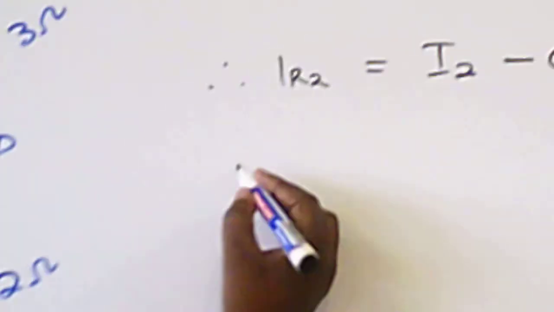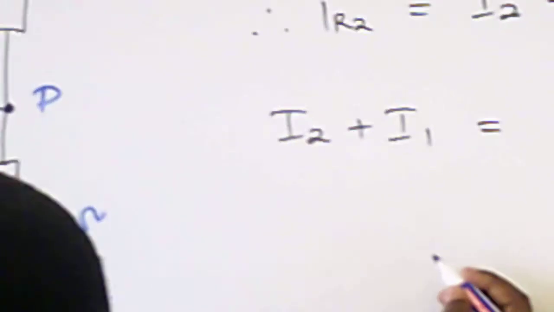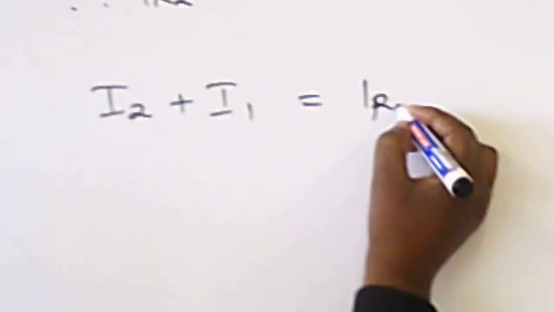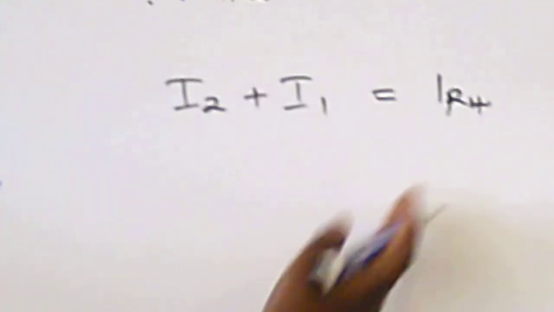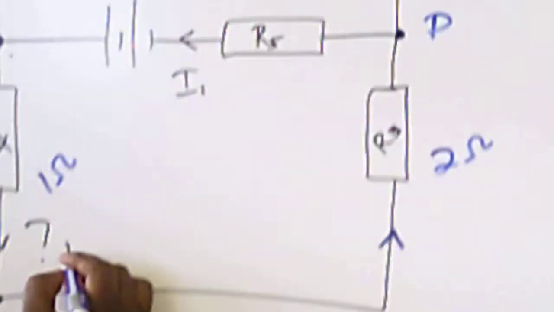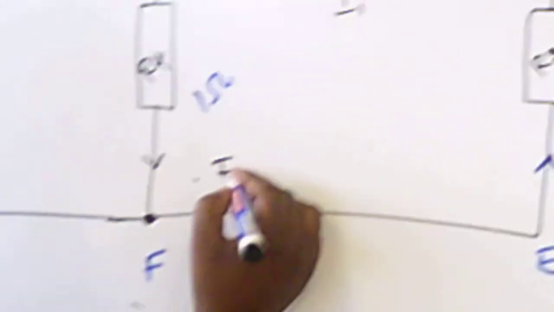So now we check which one is flowing towards. We have I2 is positive. Also we have plus I1 is also towards, and away we don't know. We name it according to the resistance, IR4. So it's already the subject of the formula. Therefore the equation here is going to be I1 plus I2.